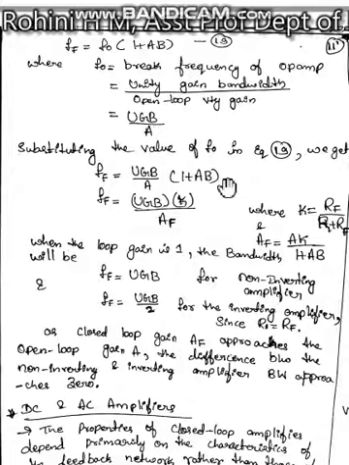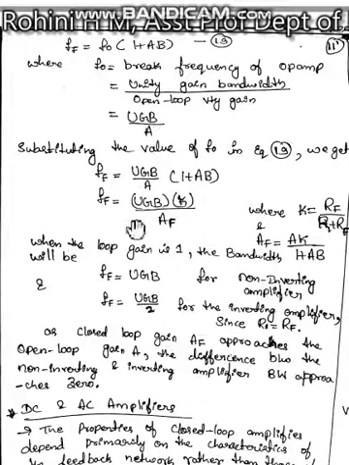Now we call this a factor K, where K is RF divided by R plus RF, and AF is written as AK divided by 1 plus A beta if we substitute.